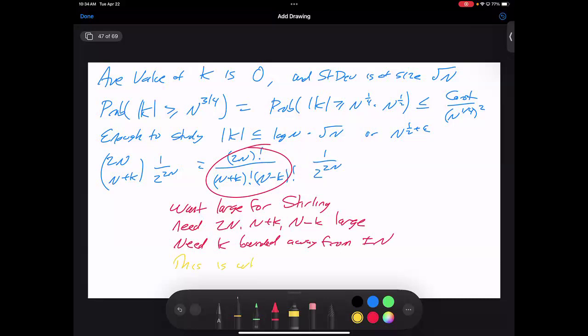This is why we showed it's enough to study the absolute value of k at most, say, log n times n to the 1/2, or n to the 1/2 plus epsilon. The work we did there is enough to show that we don't have to worry.